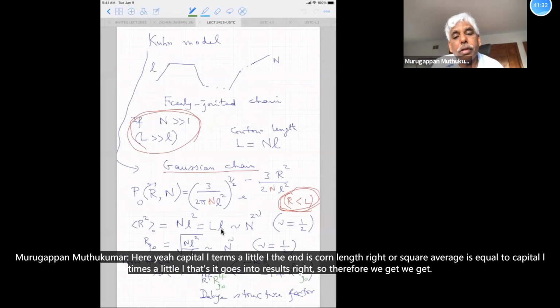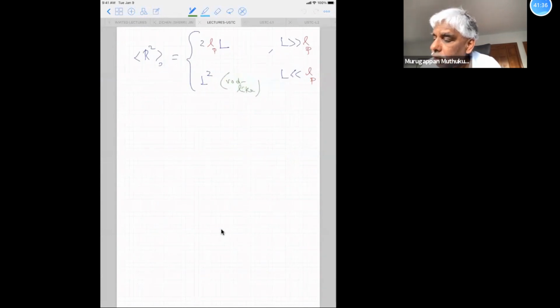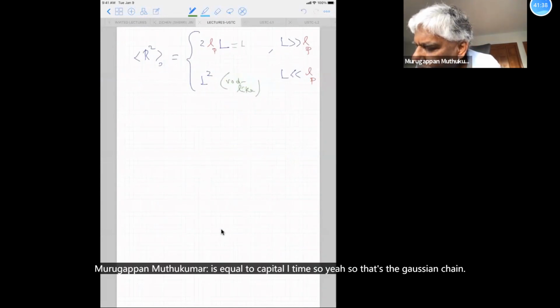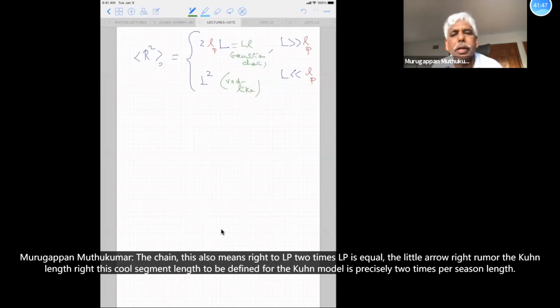That's a Gaussian chain result. This also means 2 times LP is equal to little l. Remember the Kuhn length? The Kuhn segment length that we defined for the Kuhn model is precisely 2 times the persistence length.